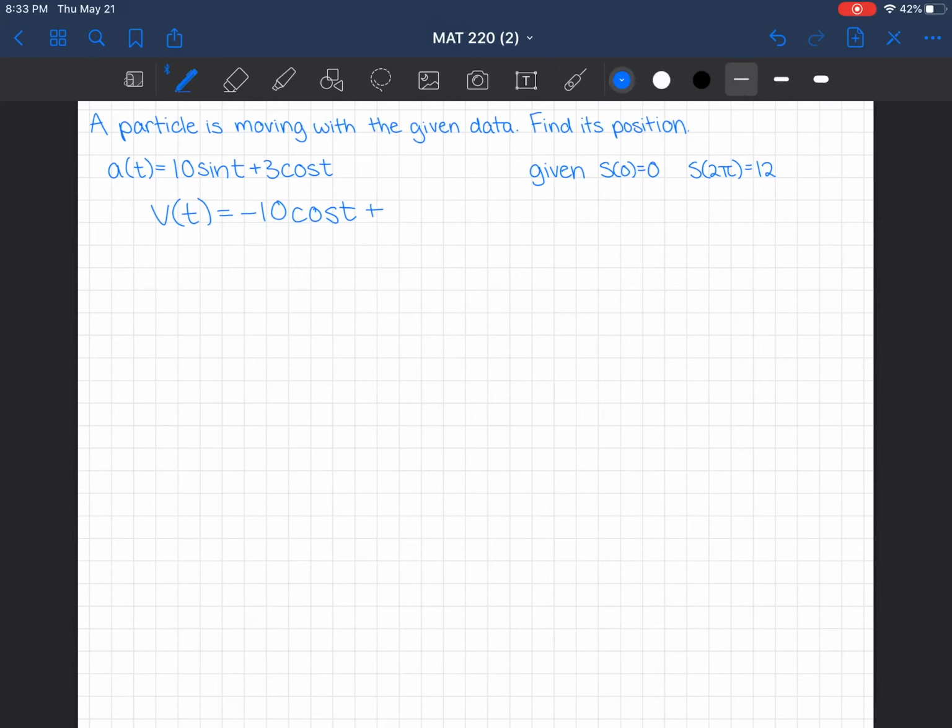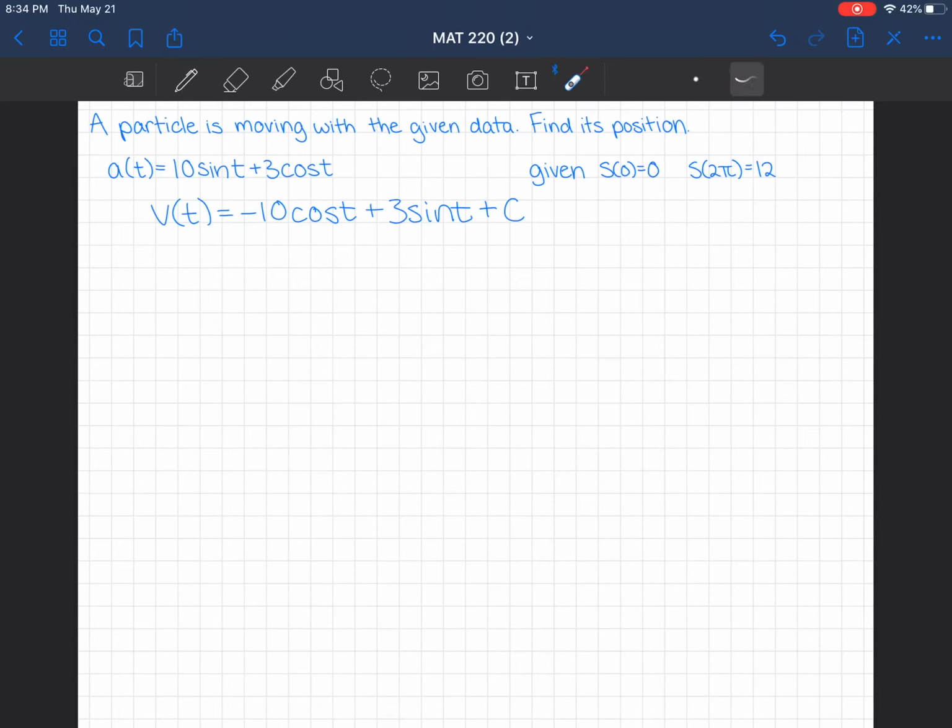And then on the other side, we have another constant, and the antiderivative of cosine is going to be sine. Then we do need to go ahead and add on a constant, so I'm going to use c here.